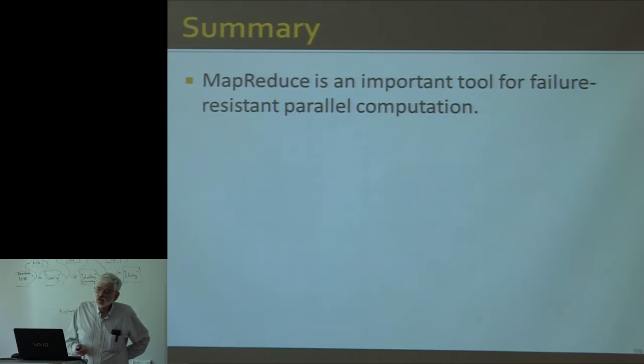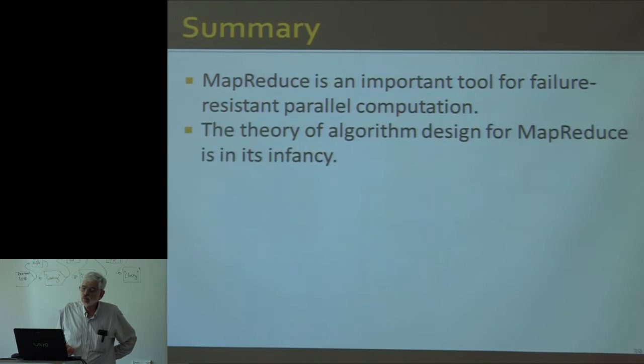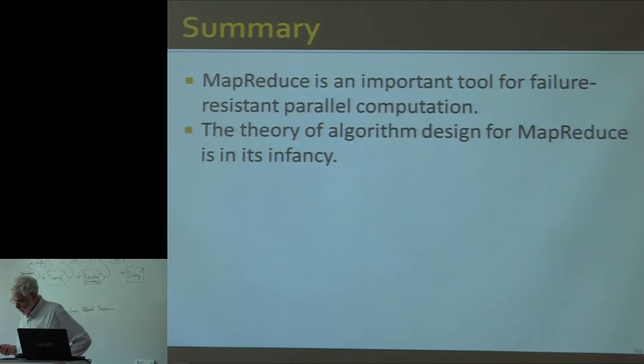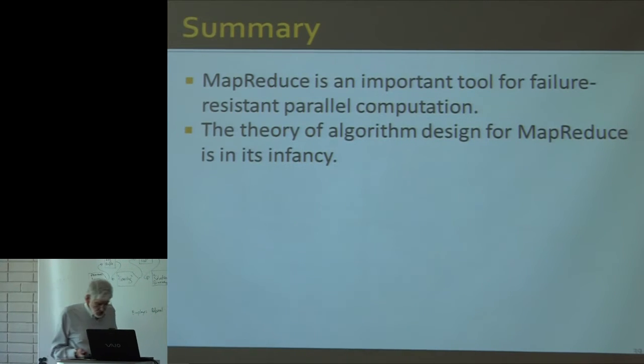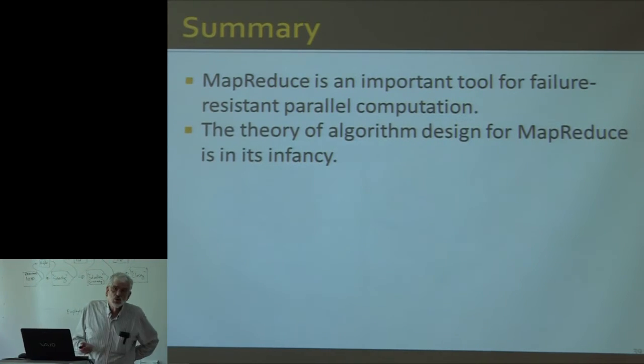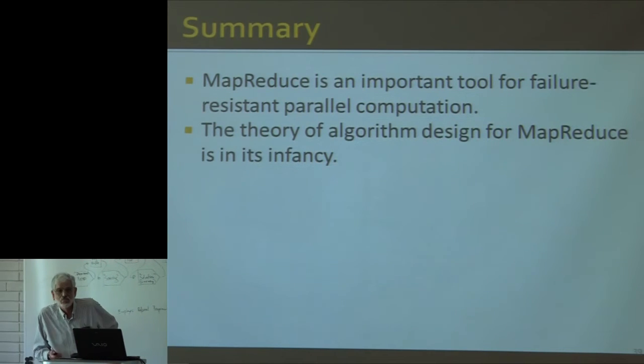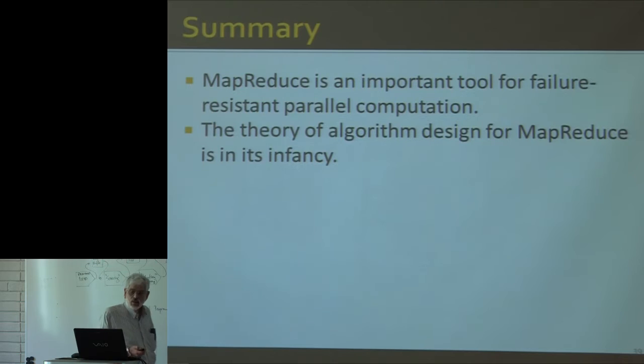Okay, so what do I want to say? We know MapReduce is an important way to do failure-resistant parallel computation. I think that there is a theory now for how good MapReduce algorithms can be. Obviously, it's sort of at the stage of we know that sorting takes n log n and pretty much nothing else.